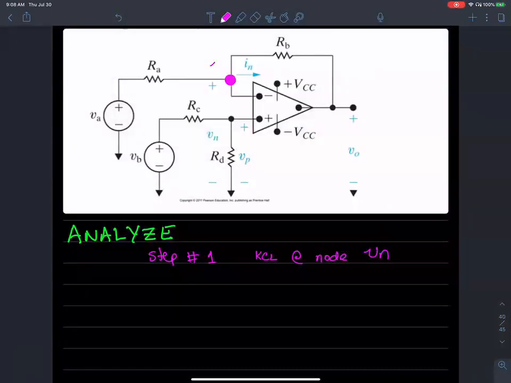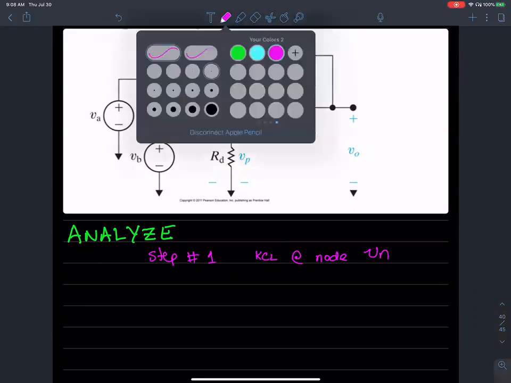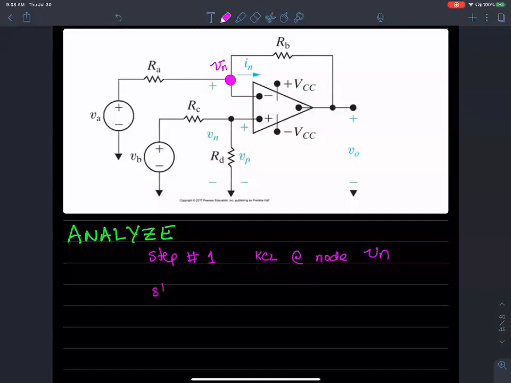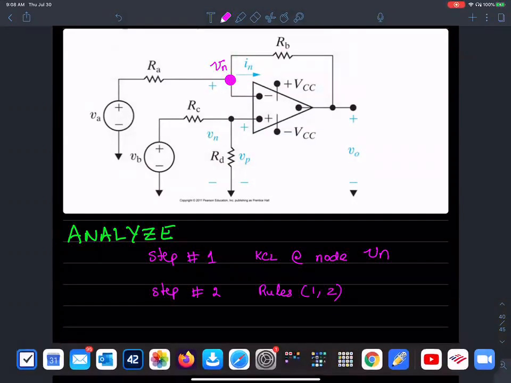That's Vn. Then step number two is about applying the two rules. Take about 5 minutes to see if you can solve this.